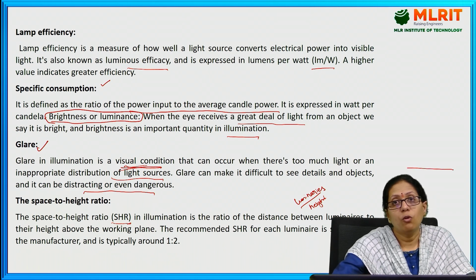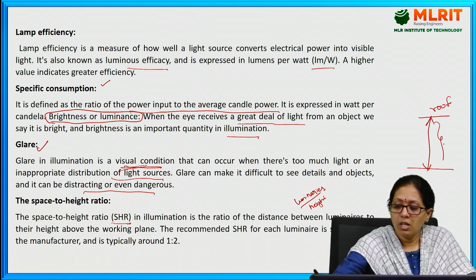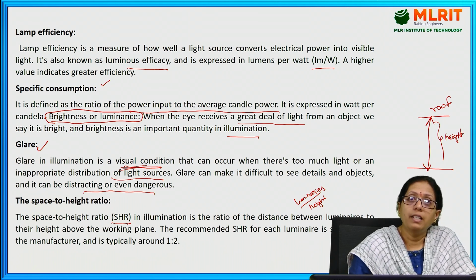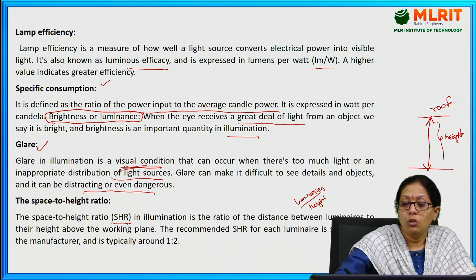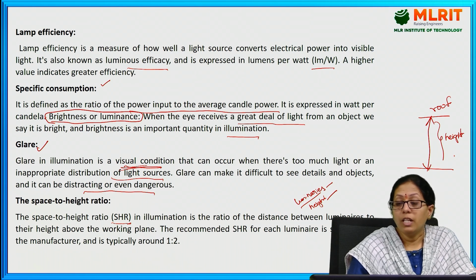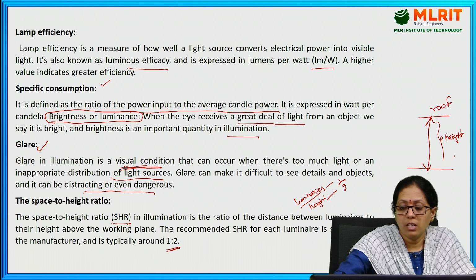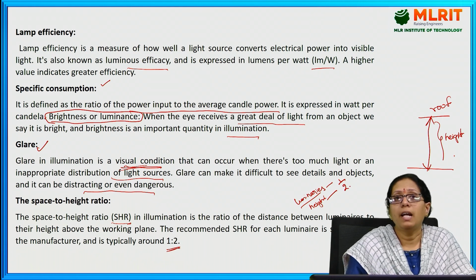See, if this is the floor and this is the height up to the roof, this space to height ratio is nothing but the ratio of the distance between luminaires to this particular height. The recommendation of SHR for each luminaire is specific to the manufacturer and is typically around a 1:2 ratio. Mostly the ratio should be 1:2, luminaires to the height ratio.